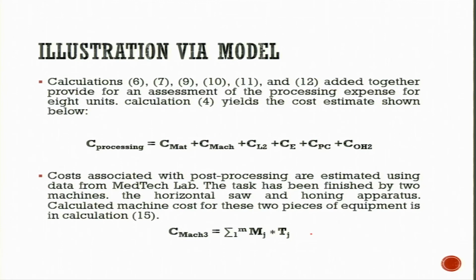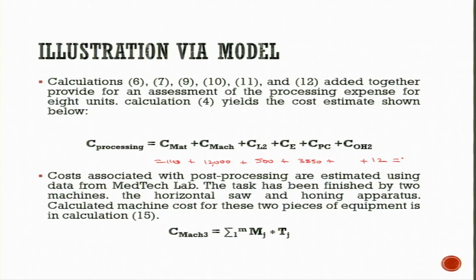The processing cost for the material, that is 110, for the machine that is 12,000, plus labor cost that is 500, plus cost of energy that is 3850, plus CPC that is not yet calculated, COH2, COH2 is the overheads for the processing, that is 12.